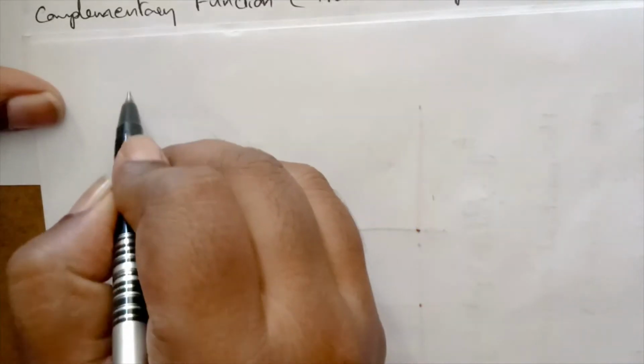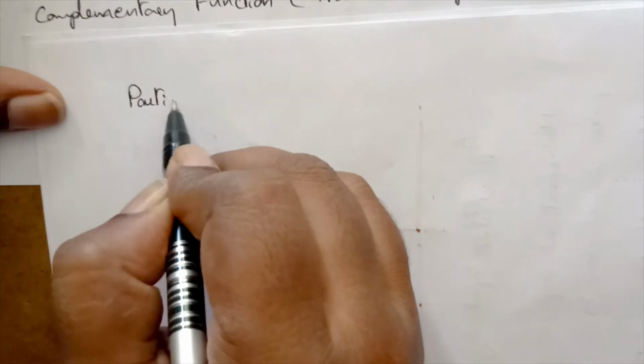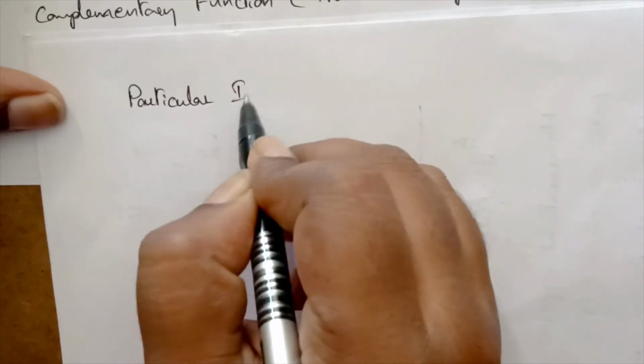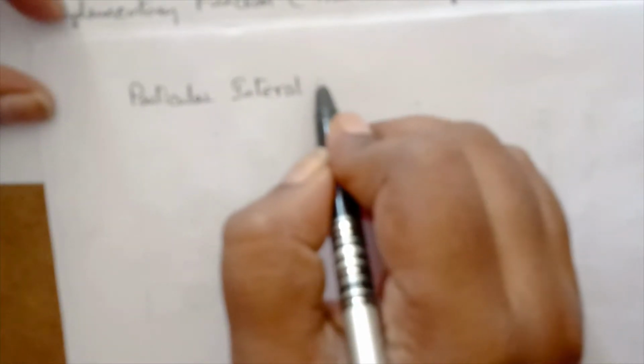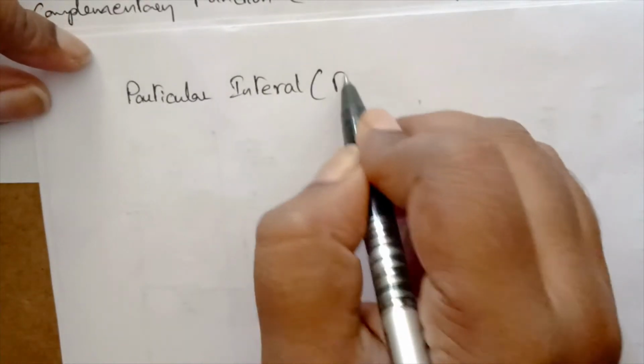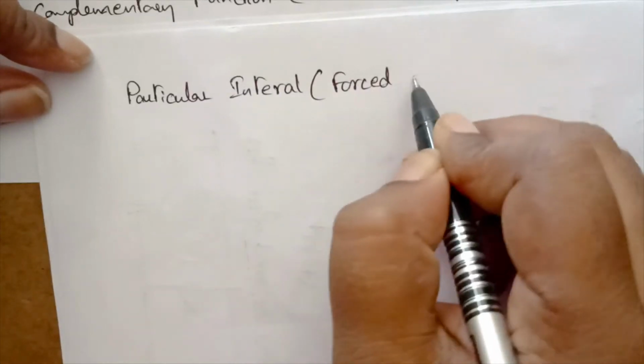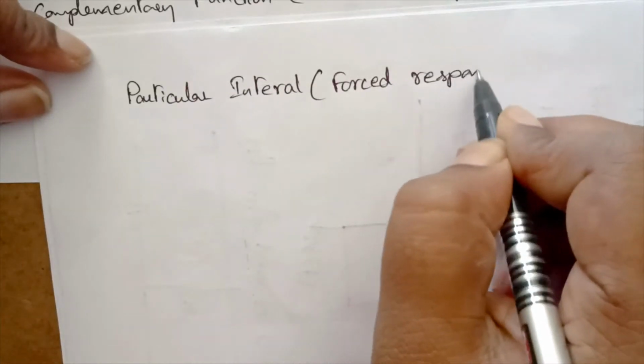Now move on to the next one. What is the next one? The particular integral. The particular integral of any output depends on its input. That's why it is also called the forced response. When we apply the input, we get this response.